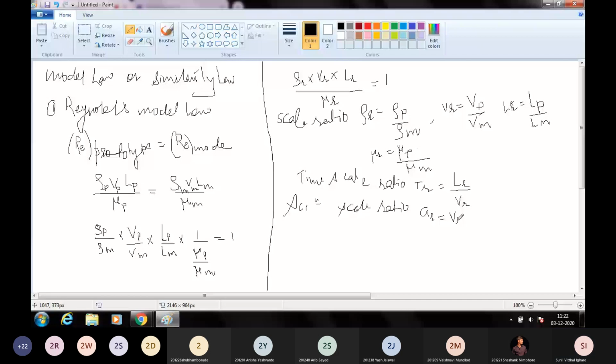In the same way for the force scale ratio, you just modify all the terms in case of scale ratio. So this is about the Reynolds model law.